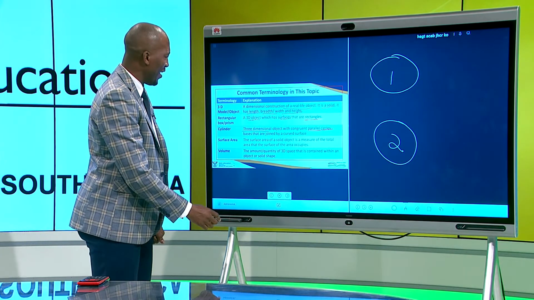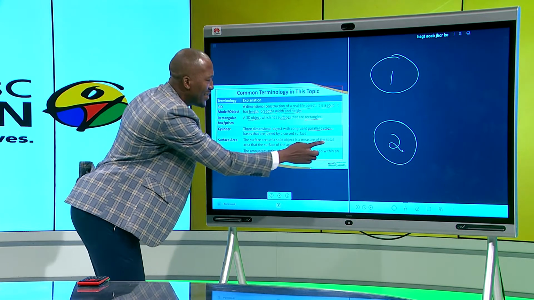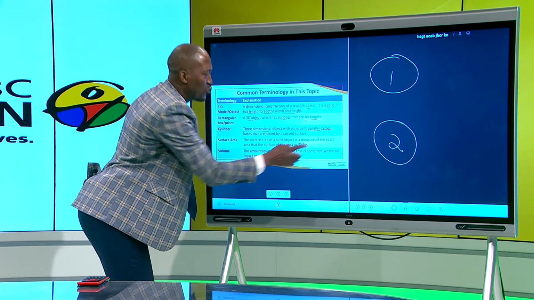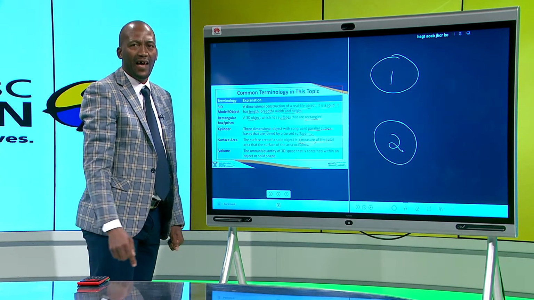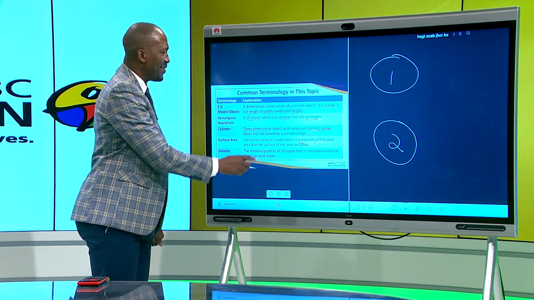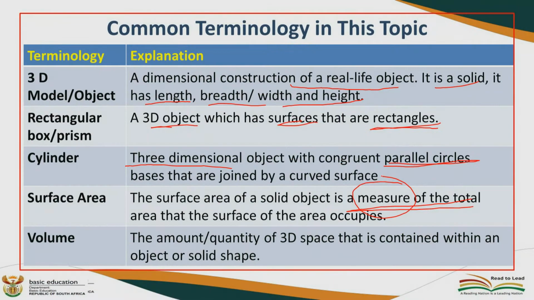The surface area of a solid object is the measure of the total area of the surfaces that the object occupies. Then the volume. The volume is the amount of 3D space that is contained within an object or a solid shape.